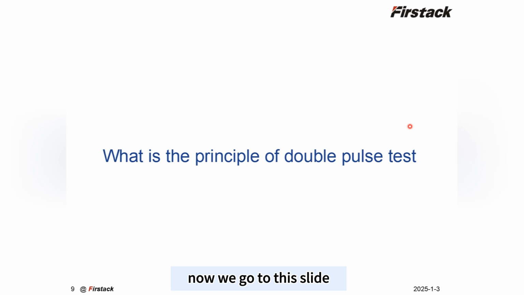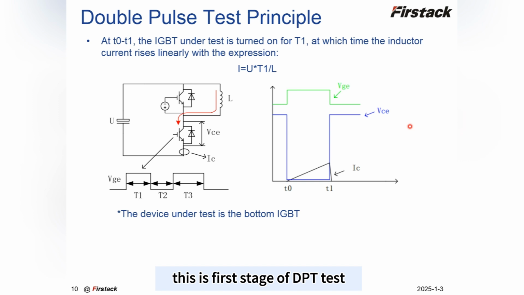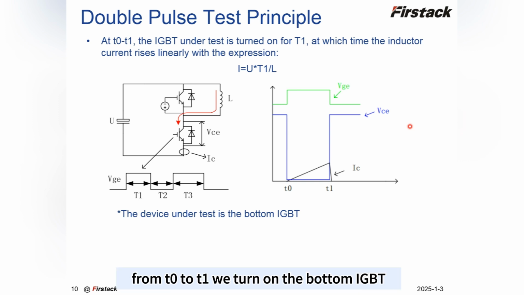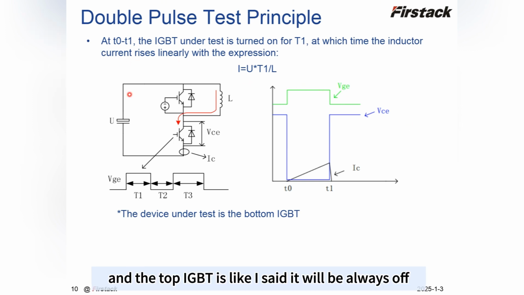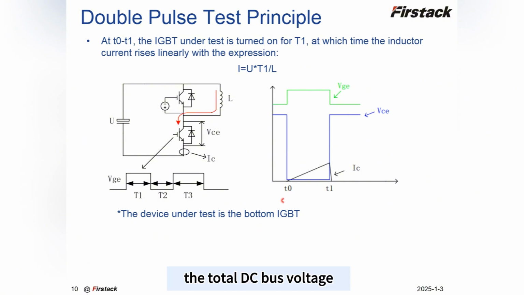Now we go to this slide. This is the first stage of the DPT test. From T0 to T1, we turn on the bottom IGBT, and the top IGBT, like I said, will be always off. The total DC bus voltage is applied to the load inductance.